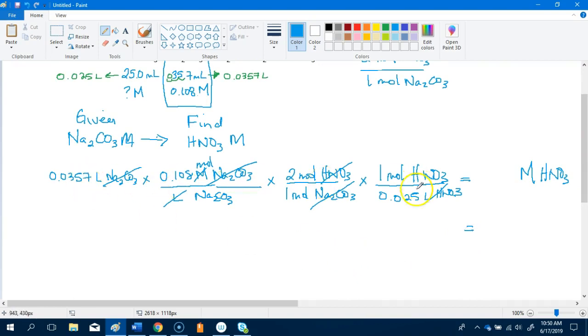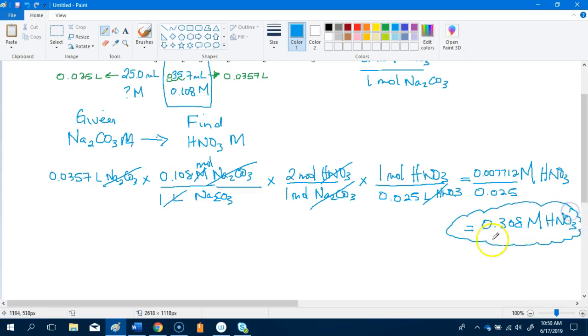So now to do the calculations. 0.0357 times 0.108 times 2 times 1 gives me 0.007712 on the top, and then 1 times 0.025 gives me 0.025 on the bottom, and then my grand total when I divide these two is 0.308 moles per liter, which is my molarity of hydrogen nitrate.